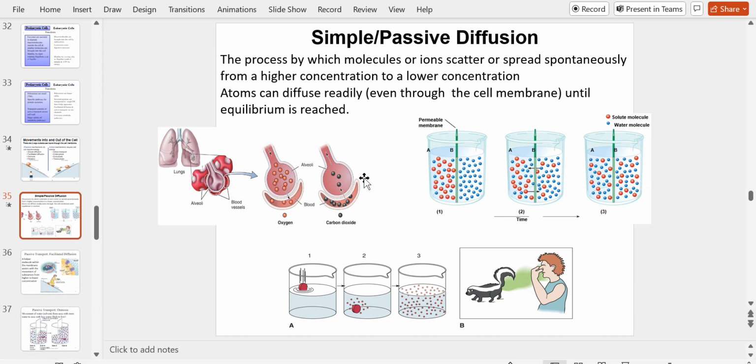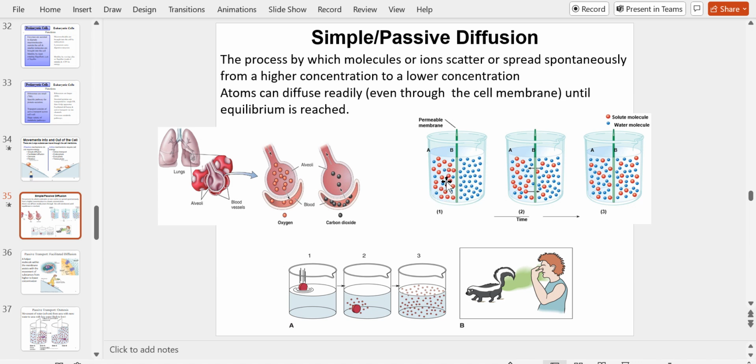So, simple passive diffusion, the process by which molecules or ions scatter or spread spontaneously from a high concentration to a low concentration. Atoms can diffuse readily, even through the cell membrane, until equilibrium is reached. Okay, so the whole idea here, you'll see what goes on.